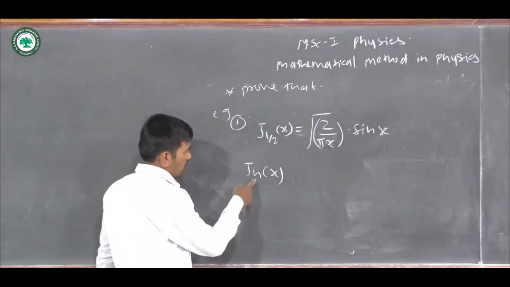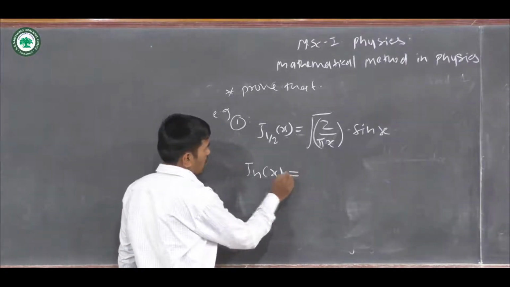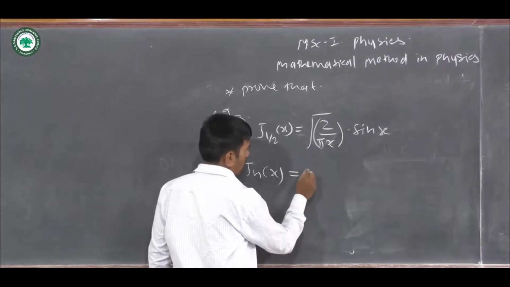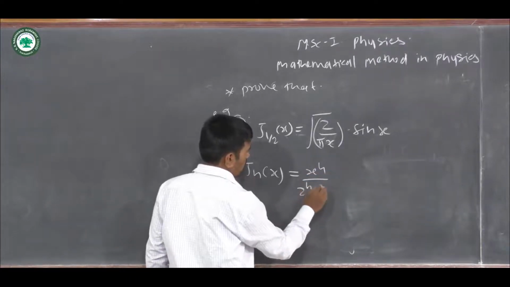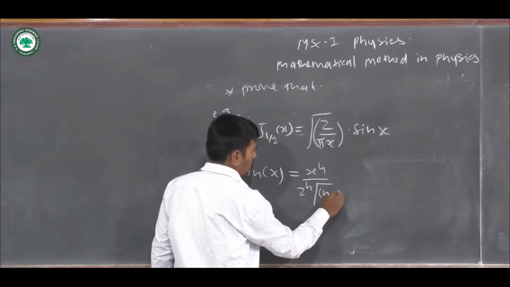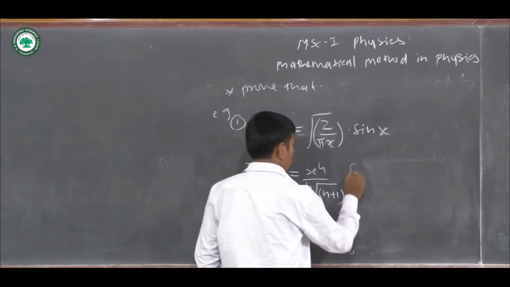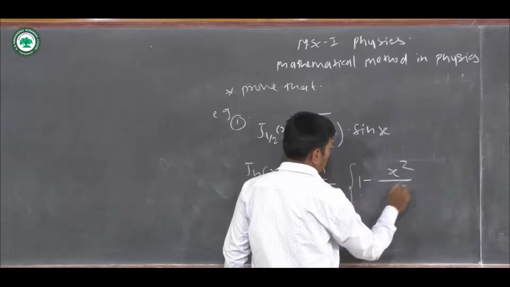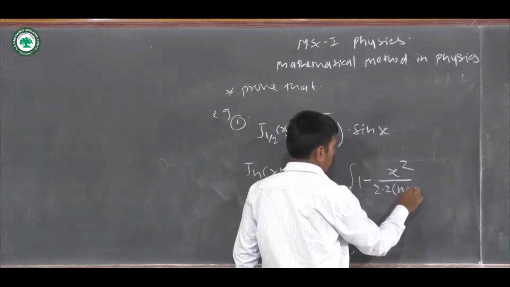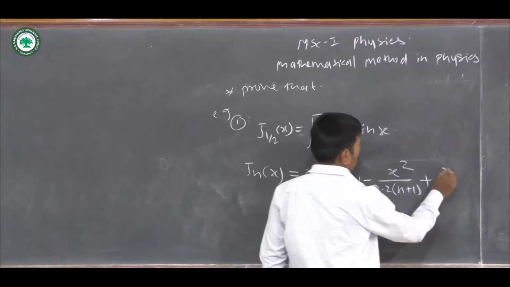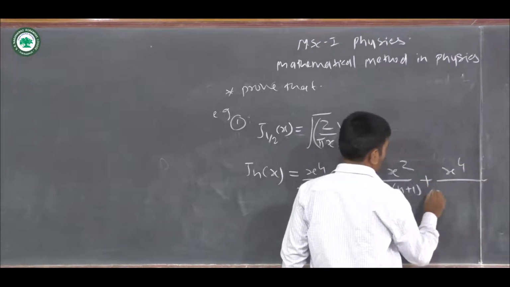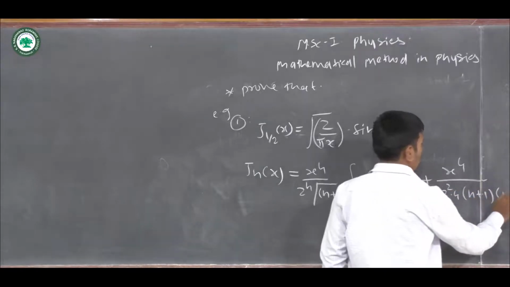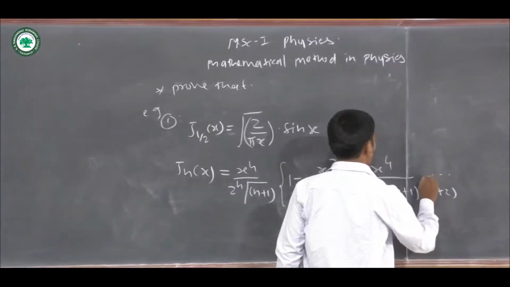But I am going to write the series of the Bessel function. J n of x is equal to, we know, x power n divided by 2 power n gamma n plus 1, into 1 minus x square divided by 2 into 2n plus 1, plus x power 4 divided by 2 into 2 square into 4, n plus 1 into n plus 2, minus and so on.